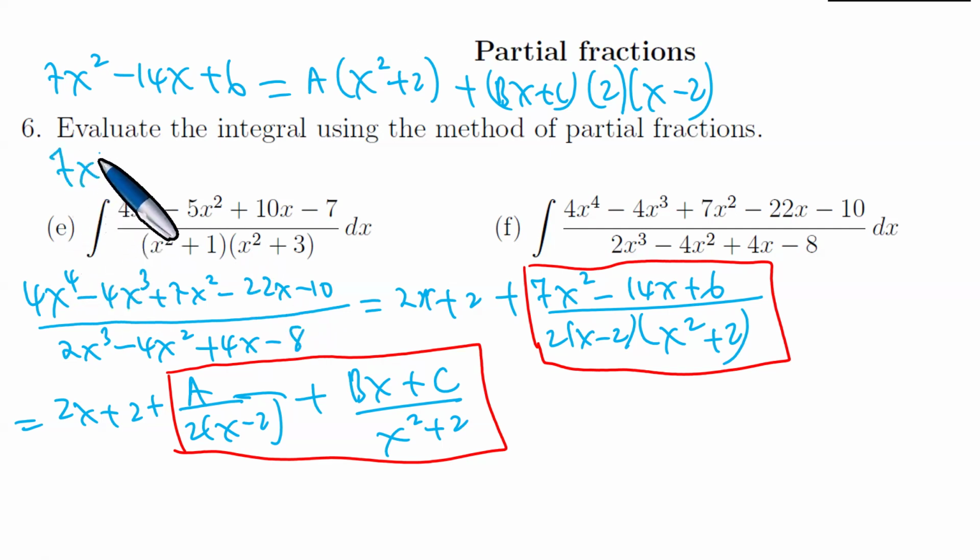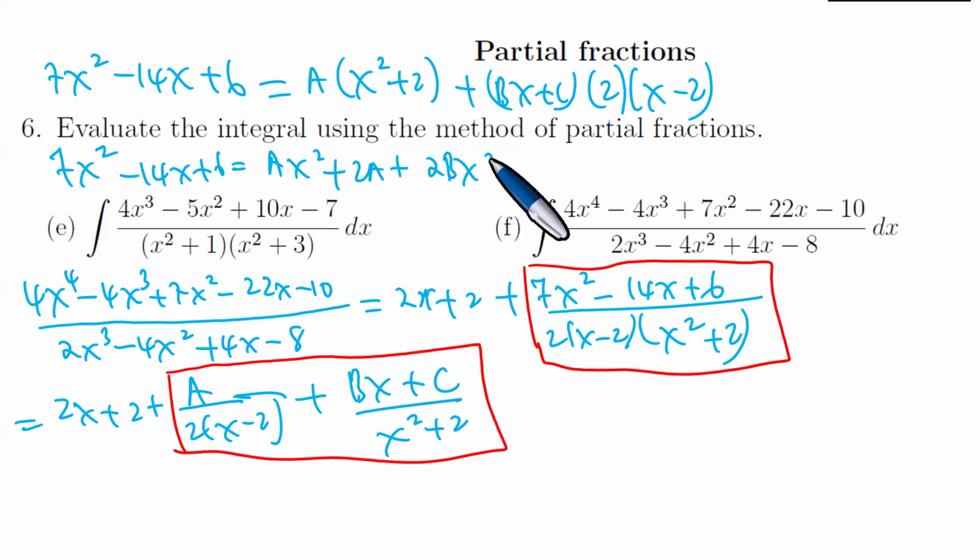But simultaneously, you can expand this as 7x squared minus 14x plus 6, which is this one, plus 2A plus. So this one is going to be 2x times Bx, 2Bx squared.